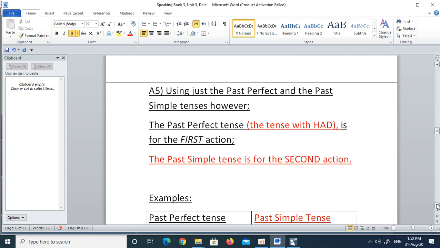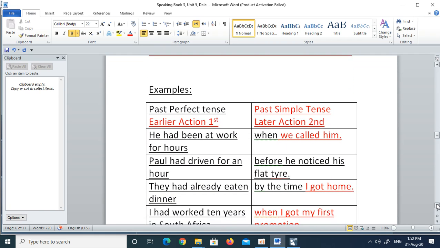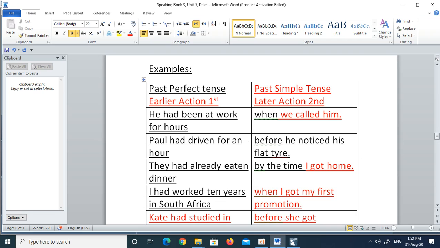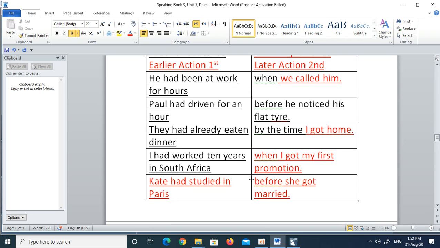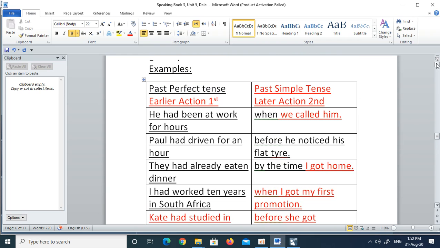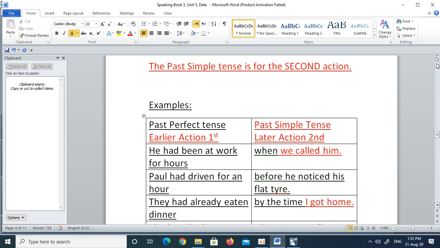So, if we look at our earlier actions, he had been at work for hours when we called him. He had been at work for hours first, then later, the second action, we called him.